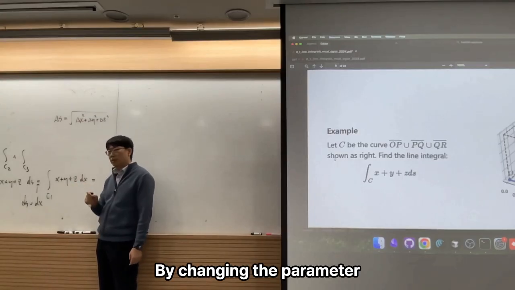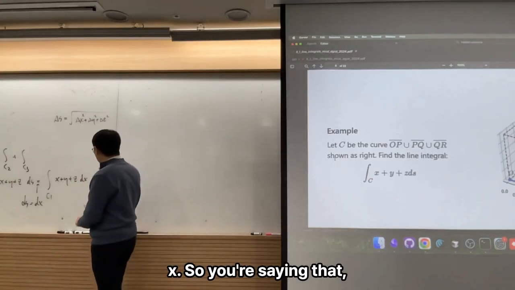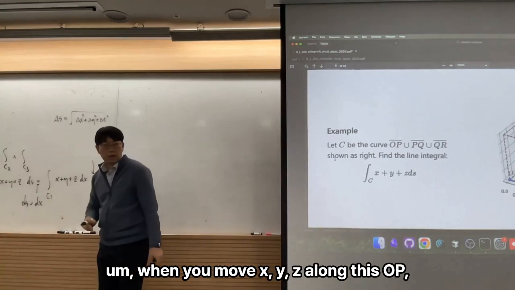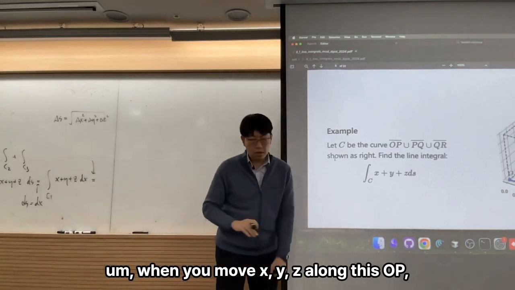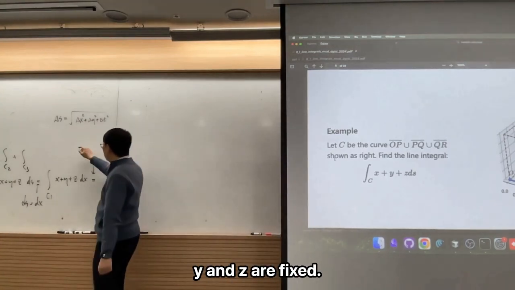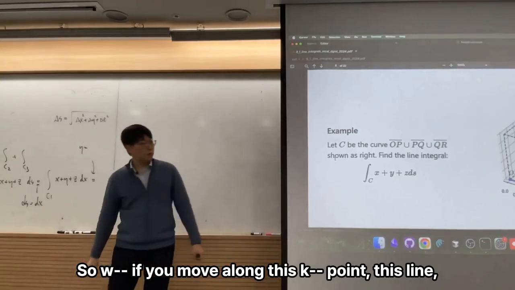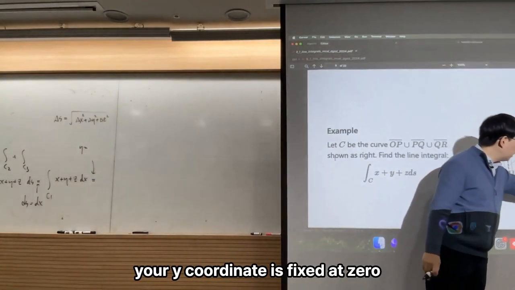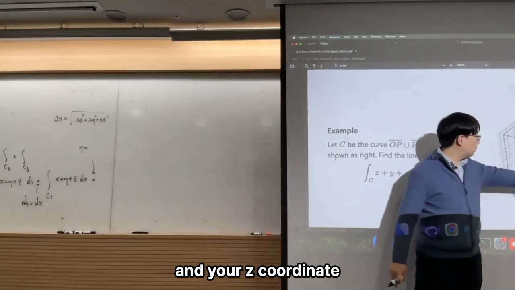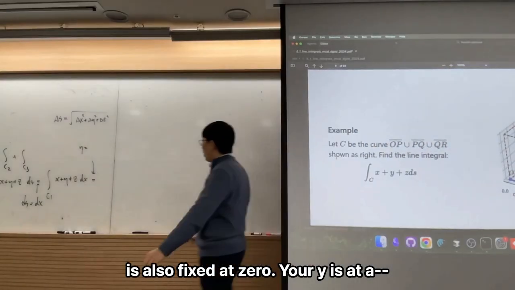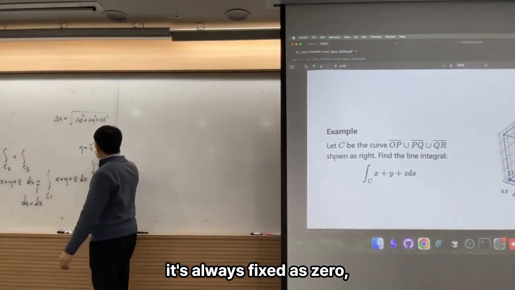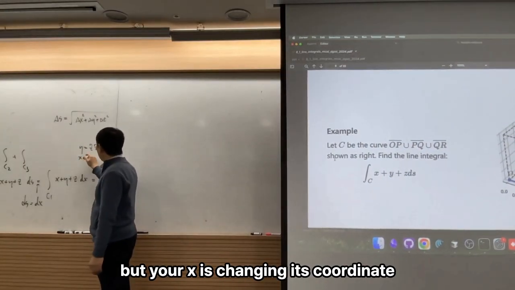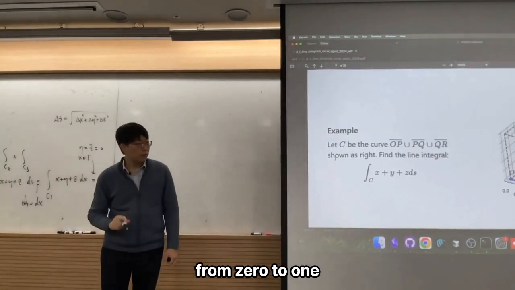By changing the parameter x. So when you move x, y, z along this OP, y and z are fixed. If you move along this line, your y coordinate is fixed as 0, and your z coordinate is also fixed as 0. Your y and z are always fixed as 0, but your x is changing its coordinate from 0 to 1.